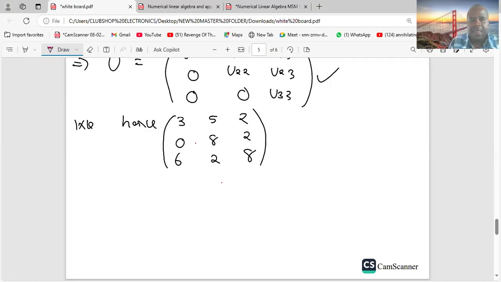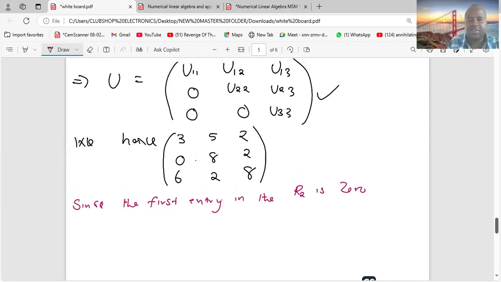So since the first entry in row 2 is 0, it means we will not do any multiplication. We'll multiply by 0.